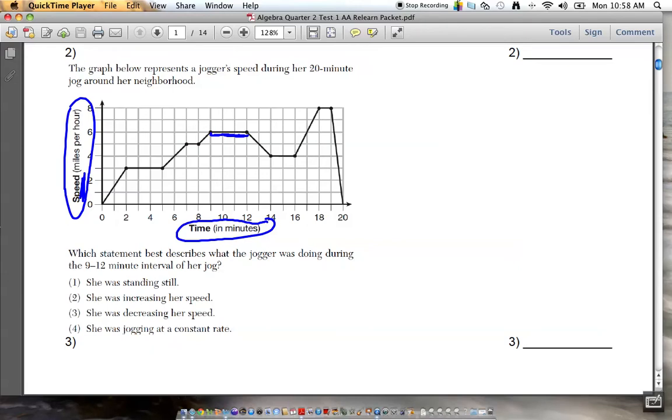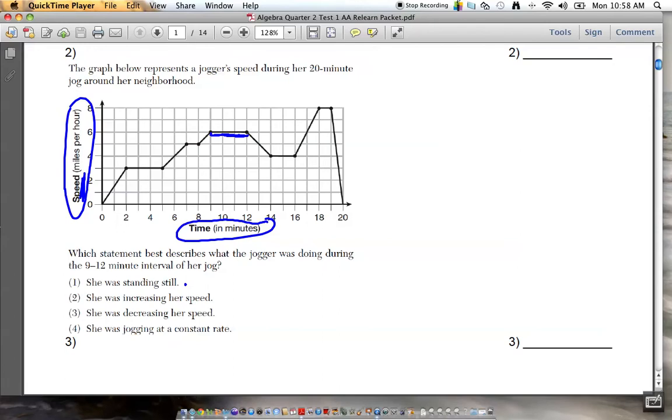And there's a tendency to want to put down, and I saw this on several students' papers, that she's standing still. And if you notice, that's choice 1. They're trying to get you to bite on that choice. She's not standing still, even though the line appears level.